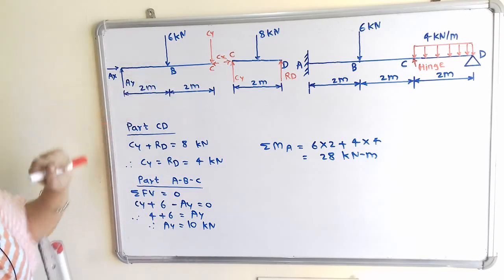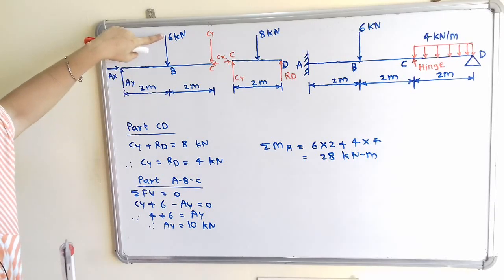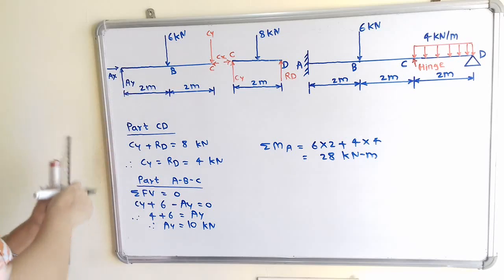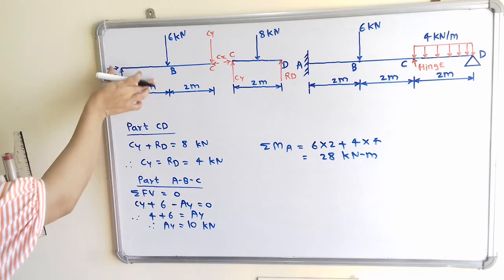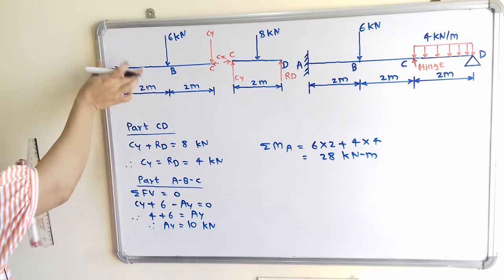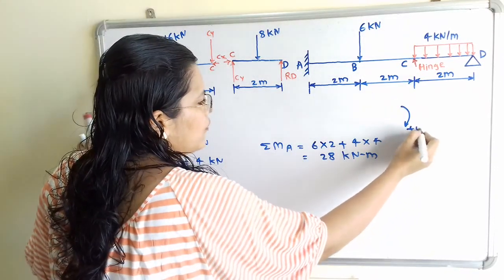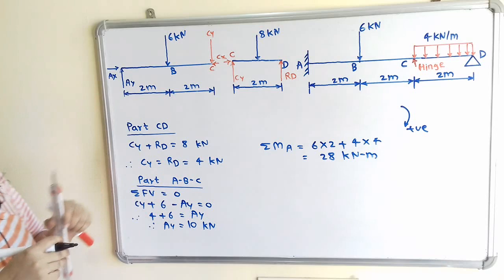So how to calculate this? We know the moment of this force 6 kN about point A. If I move the compass in the downward direction, then it is the clockwise direction, and for clockwise direction we will consider a positive sign.